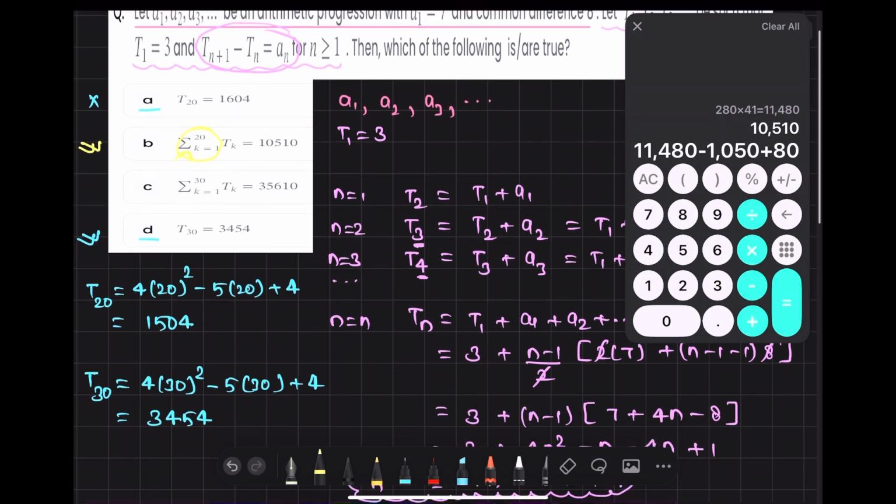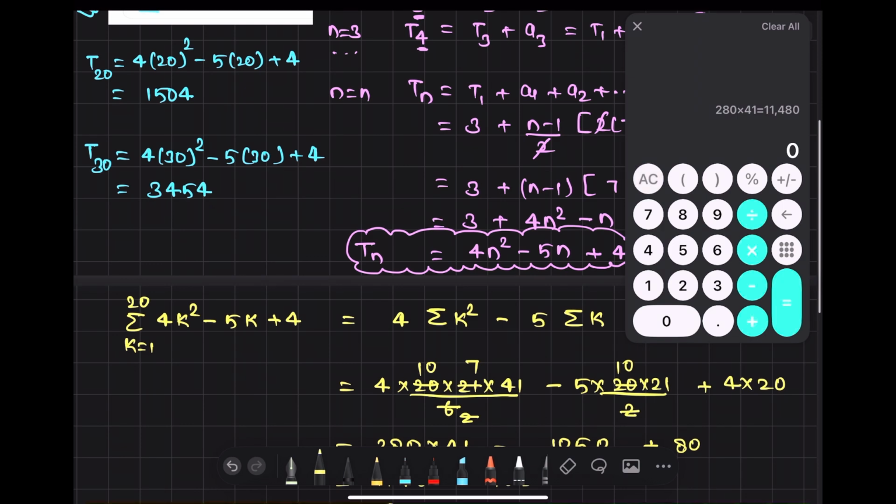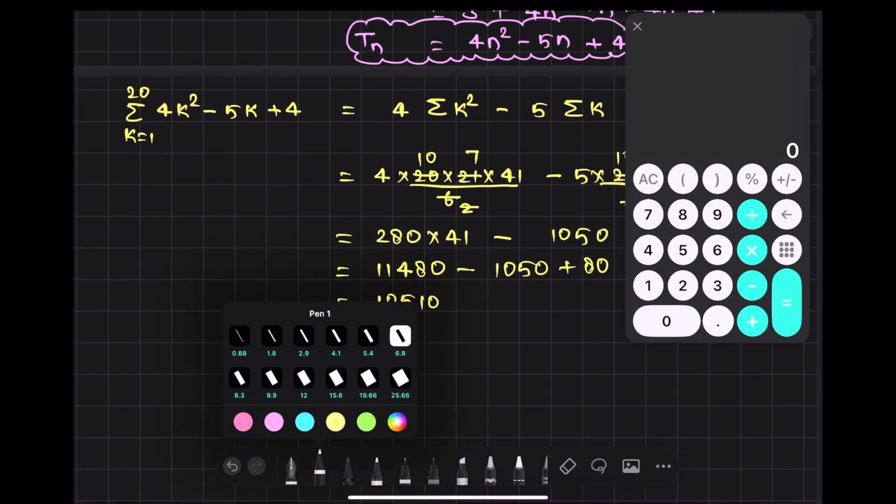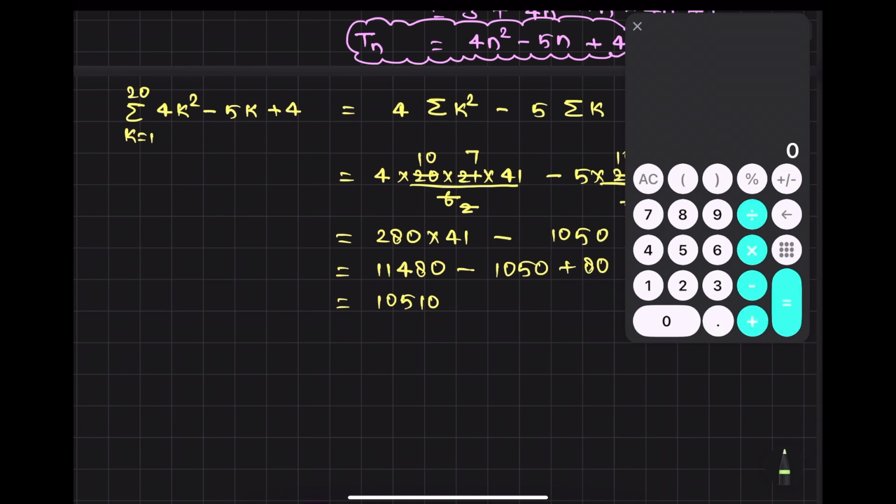Now we have to focus on option C. Option C is also similar. The limit will change from 1 to 30. So k starts from 1 to 30, 4k square minus 5k plus 4. Here also you will write the same thing: summation k square minus 5 summation k plus 4 summation 1 power k.